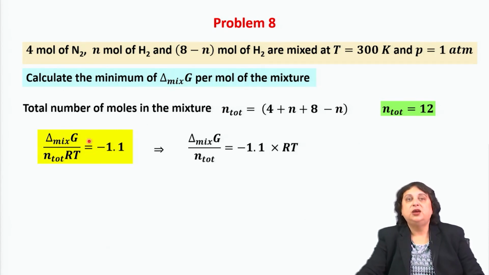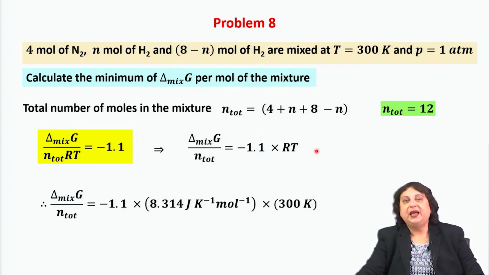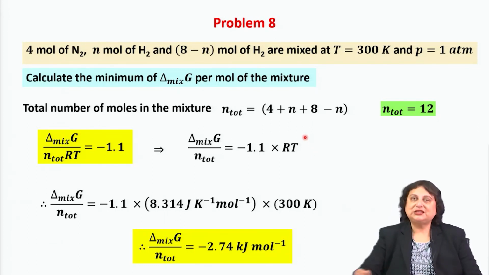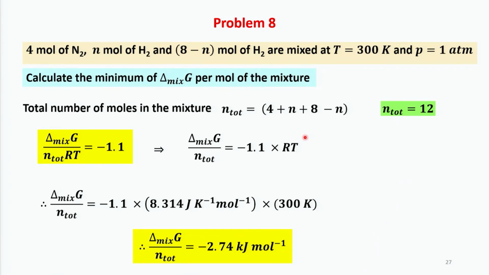In that case, you will have to put in the values of RT and give the answer in terms of kilojoules per mole. So, I will stop here, and what I have discussed is how to use one working formula and adapt it to many different working problems and solve the problem of ideal gas mixtures.